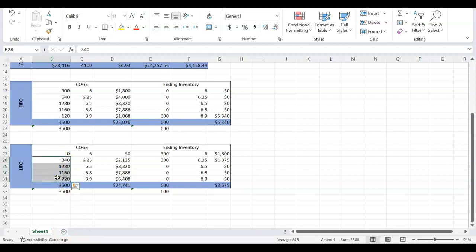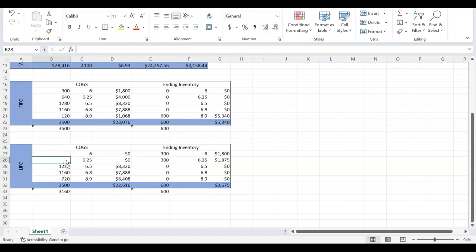I'll just go ahead and delete these to kind of show you the process of doing this. So we've got 720 for this month. This one was 1,160. For the one right above it, we had 1,280 that was purchased and then sold.